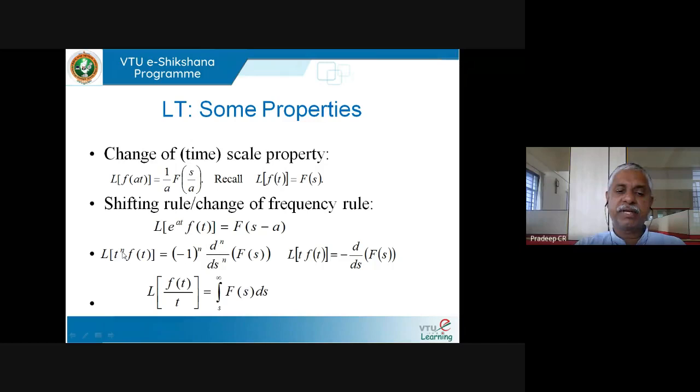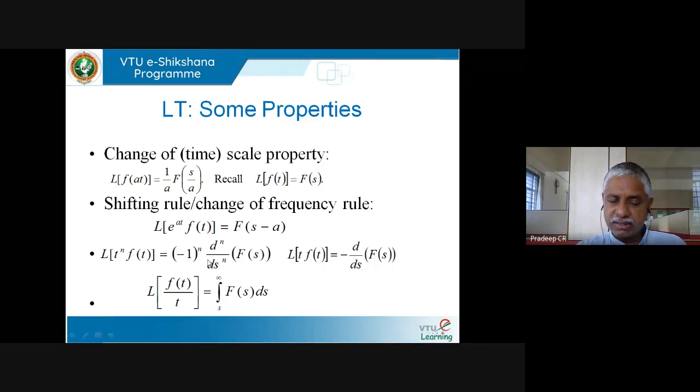And then Laplace of t to the power n f of t. This is like the previous one, whereas now instead of multiplying by e to the power at, I'm multiplying by t to the power n. So when I do this, I get this formula, which is Laplace of t to the power n f of t is minus 1 to the power n times the nth derivative of capital F of s. That means, taking F of s, we differentiate n times and change the sign depending on whether n is odd or even.